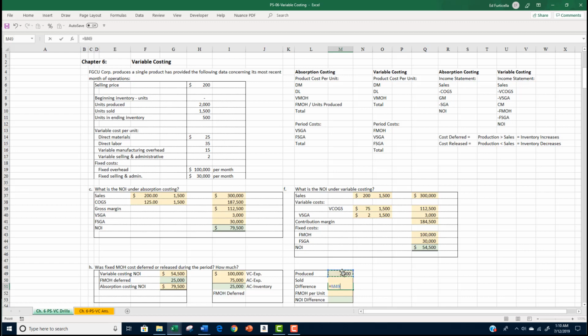We multiply the 500 unit increase by the fixed manufacturing overhead cost per unit of $50, which was calculated earlier, to calculate the net operating income difference of $25,000. Once again, the $25,000 is the fixed manufacturing overhead cost which has been deferred by using the absorption costing method.